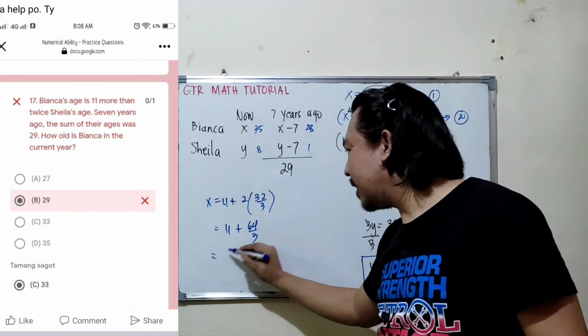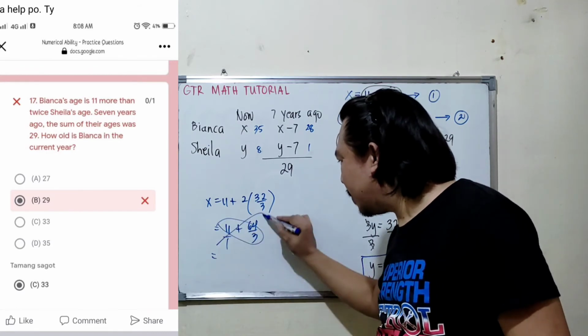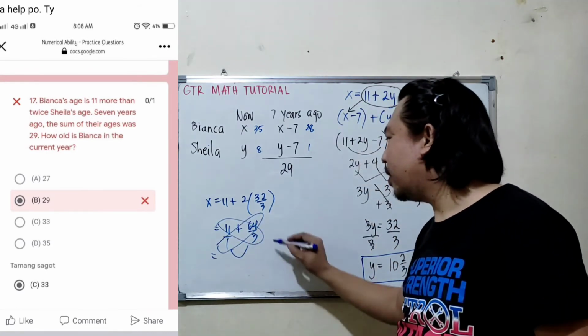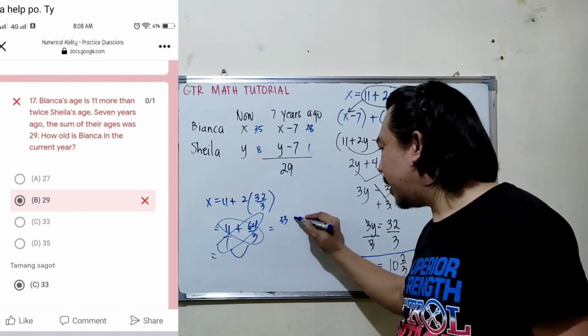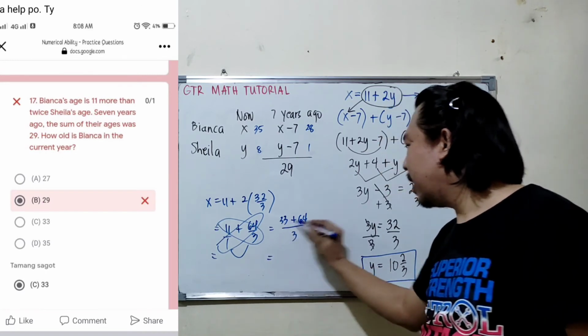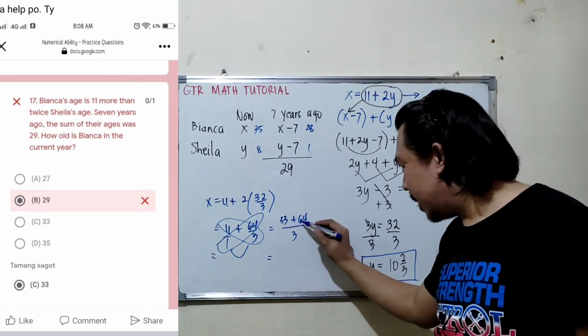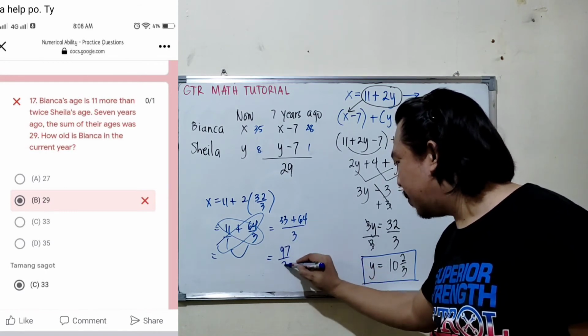Lagyan natin ng over 1 ang 11, tapos cross multiply: 11 times 3, 33, plus 64 over 3. 33 plus 64 is 97 over 3.